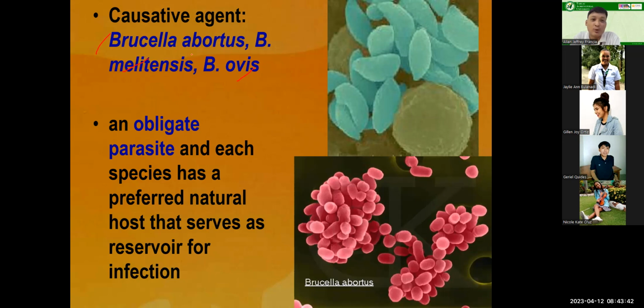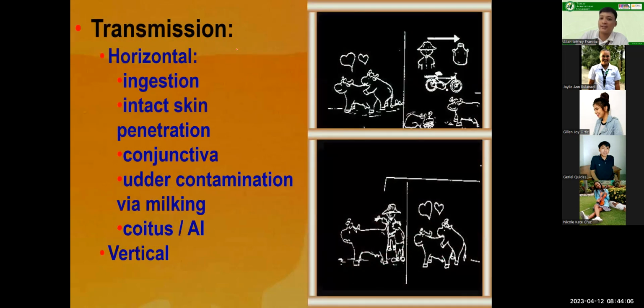Like halimbawa itong abortus, karamihan yan we have in cattle. Suis, syempre, we have in swine; melitensis in sheep and goats; we have canis sa dog, etc. Maraming yan, no? And the transmission of this, we have horizontal and then we have vertical. In your epidem, paano ang horizontal transmission or paano ang vertical transmission?